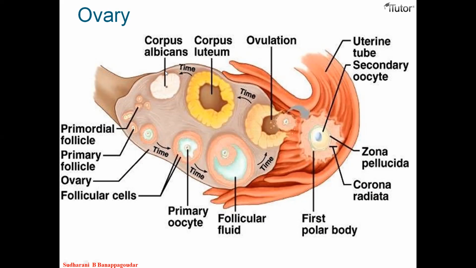The part in which the cells are seen is the cortex, and this is the hilum, where the blood vessels are entering. The inner part where the blood vessels enter is called the medulla.